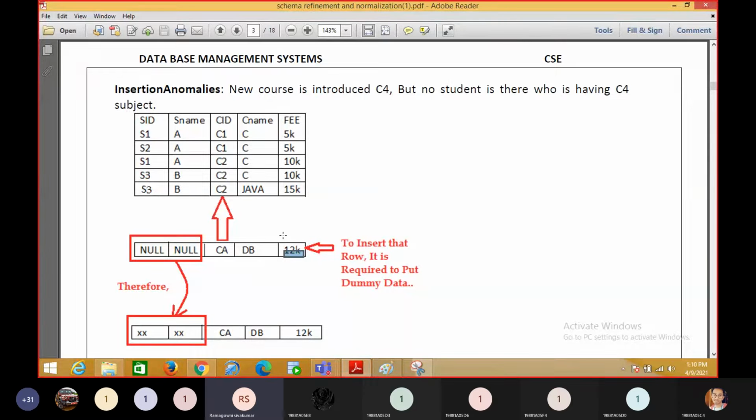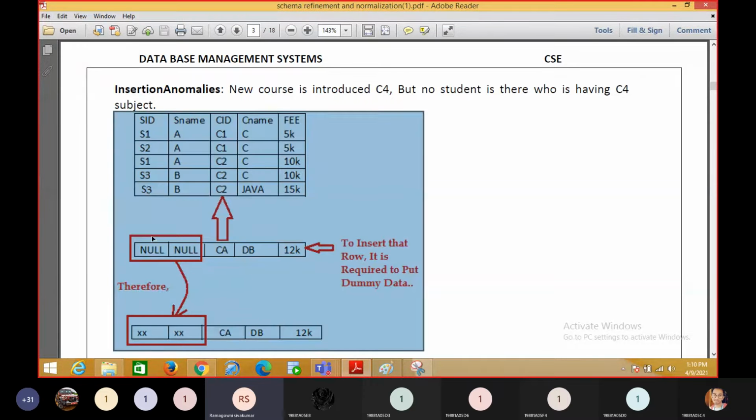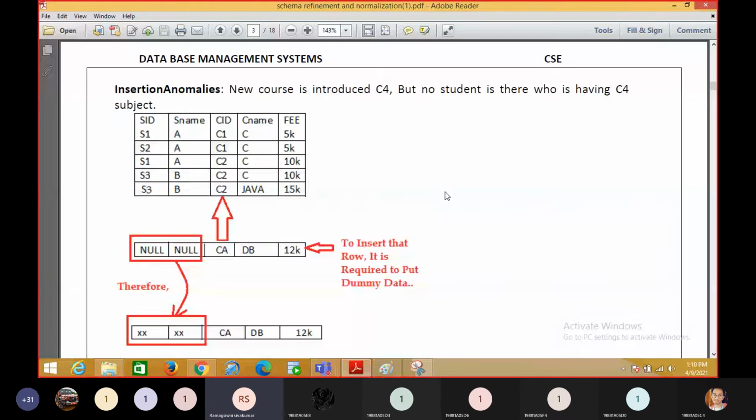But this course is not allocated to any student. No students have taken this new course. Then the data will be null, right? Default data is null. If you are not inserting any SID, SNAME, what will be inside that table? Null values are stored by default.